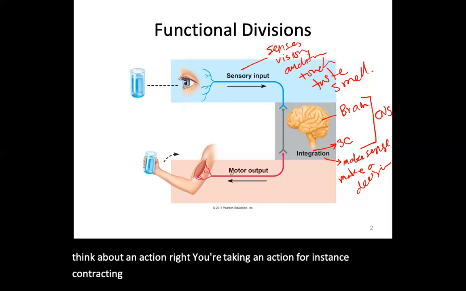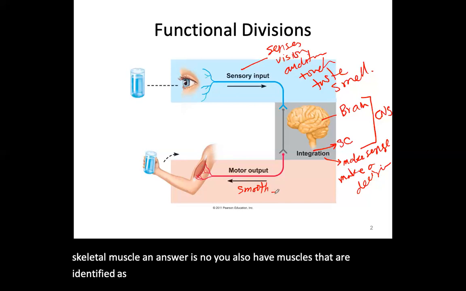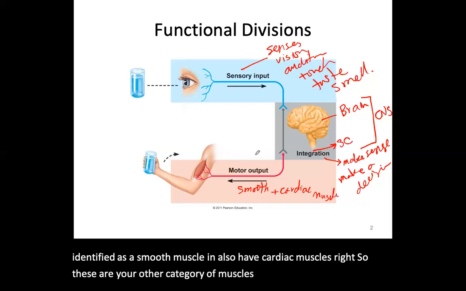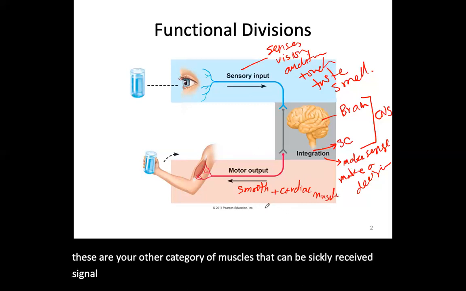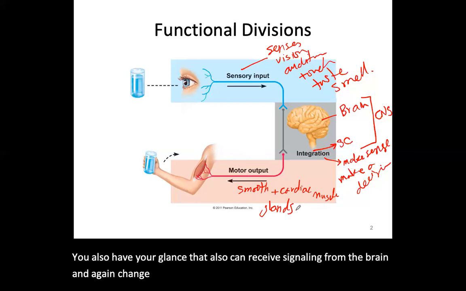Now, does your motor output include only the skeletal muscle? The answer is no. You also have muscles that are identified as smooth muscle. You also have cardiac muscles, right? So these are your other categories of muscles that can receive signals from your brain. You also have glands that can receive signaling from the brain and change something in terms of their action.